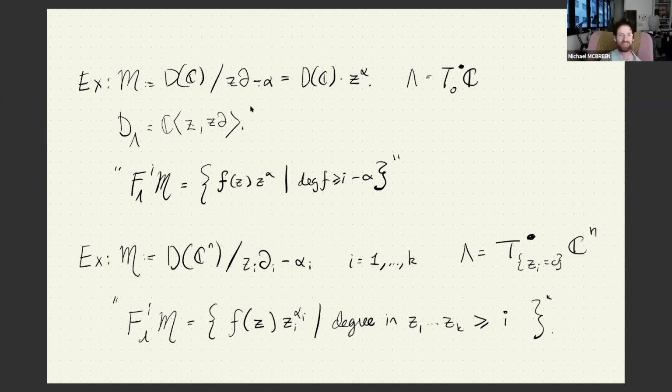So you impose the same relations, z_i d/dz_i minus alpha_i along some of the coordinates, and you just make it the constant D module along the other coordinates, just mod out by d/dz_j, and you microlocalize to the conormal of the singular locus. Then you're going to be filtering again by degree, but now it's multi-degree. All right.